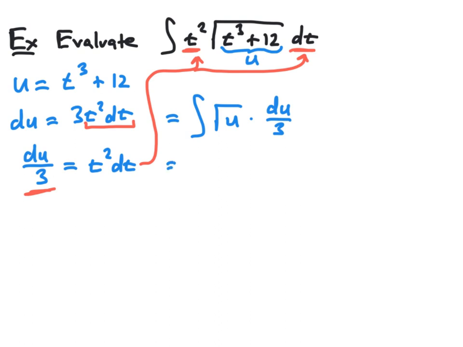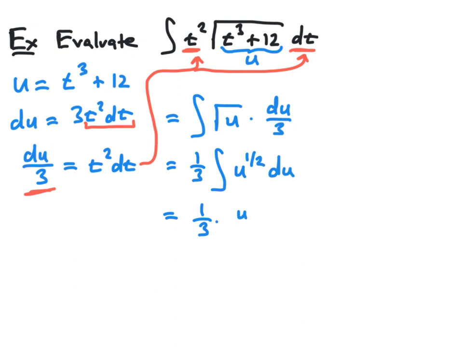To do that, we can bring the constant 1/3 outside the integral, and we can rewrite the square root of u to have the form u to the 1/2. And u to the 1/2 du, that is an integral of a power function. So we can use the power rule like normal.